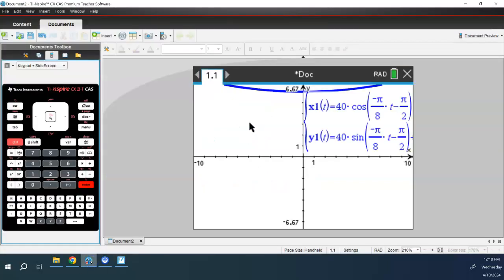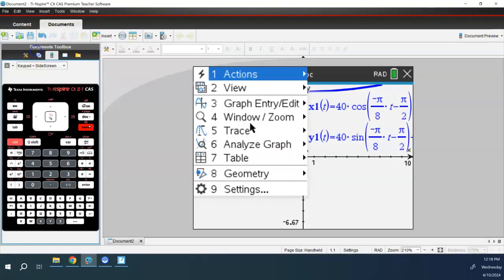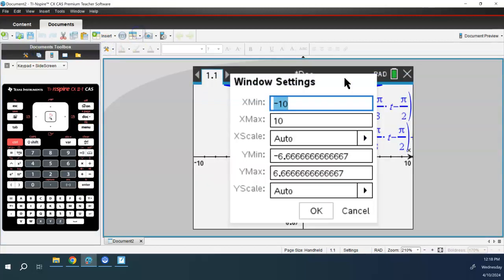Can't see it. Got to figure out where it is. So let's menu, window, zoom. Let's go into our window. Left and right, how far do we need to go? We've got to go at least 40, so let's go in 50s. Up and down, 0 is the ground. How far up do we for sure need to get to? 86 is the maximum height, right?